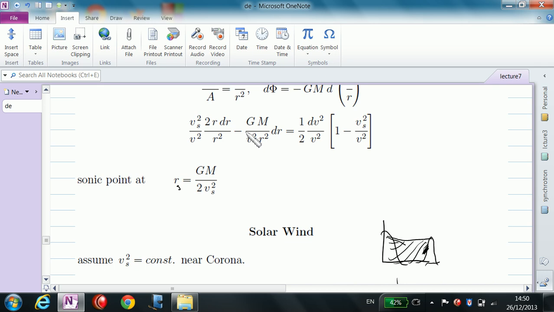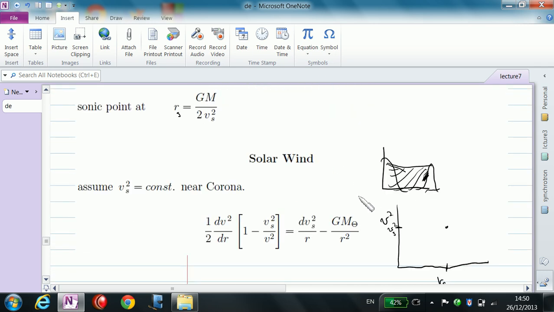Here both terms are proportional to dr, and here both terms are proportional to dv squared. So you can just write dr... I think we just need it.